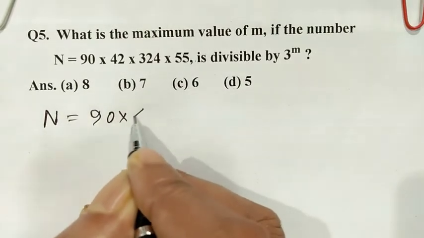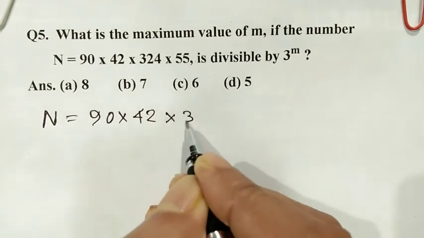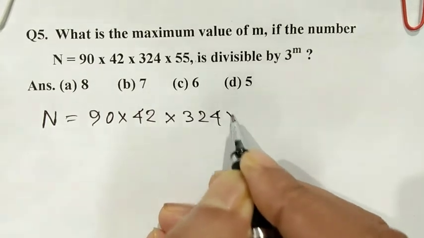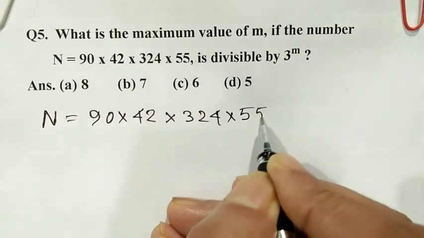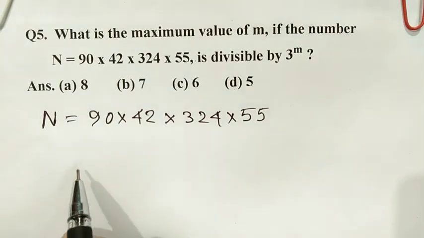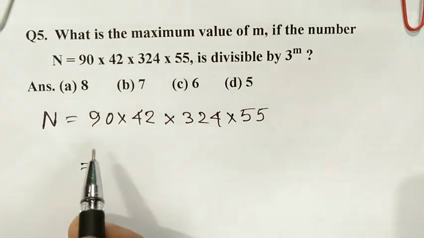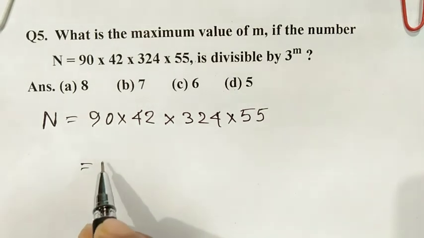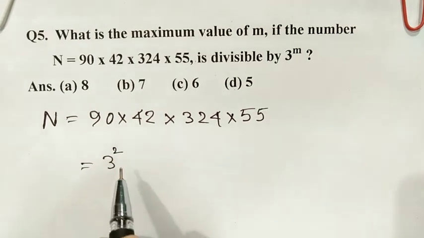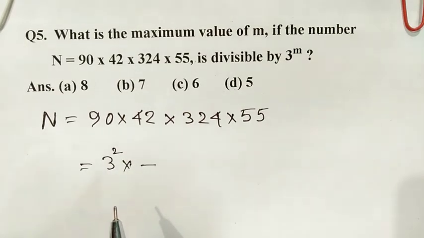Now 90 equals 9 into 10, then we can write 3 square into 10, because we need to only count the power of 3.